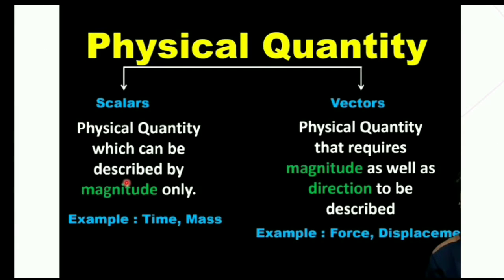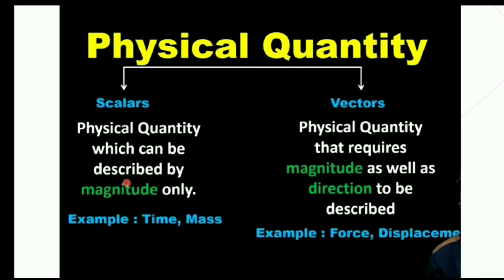Now this physical quantity is divided into two: scalars and vectors. Now what are scalar quantities? Physical quantities which can be described by magnitude only. For example, time, mass.